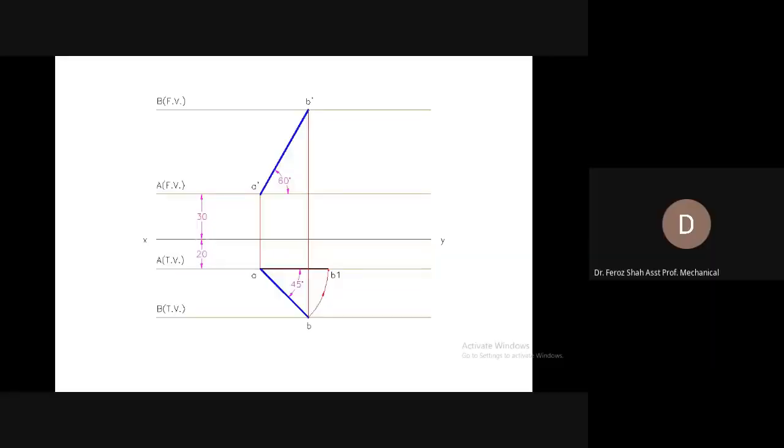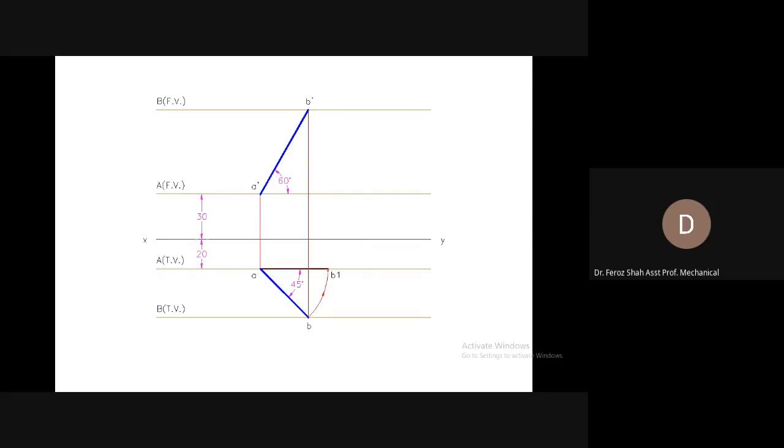So it would end at the locus of A, which is parallel to the XY reference line. The new position of B would be B1. Now this A B1 is parallel to the XY reference line in the top view.